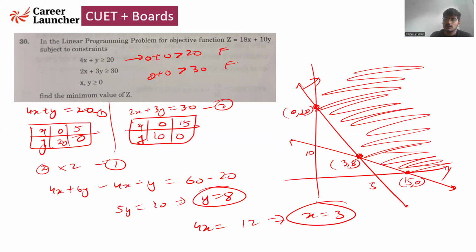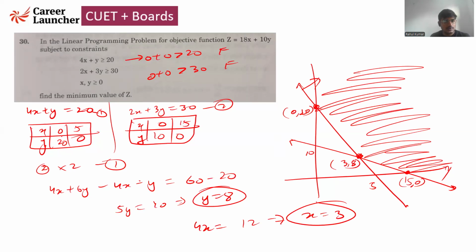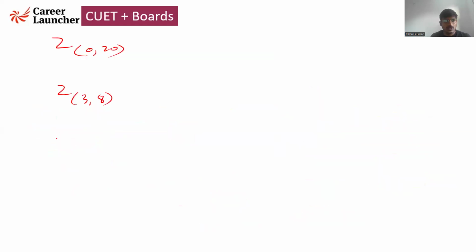Because of this, what you can do? You can substitute the value in the corner points here: 0 comma 20, 3 comma 8, and the another point is 15 comma 0.